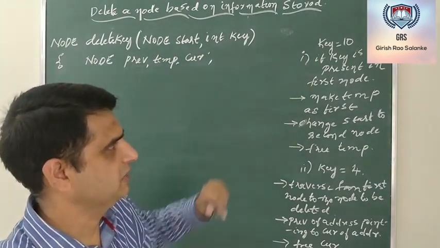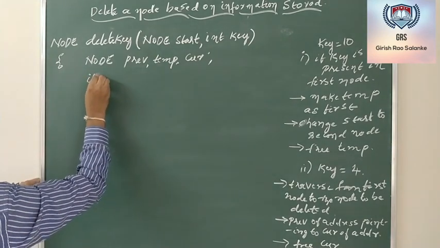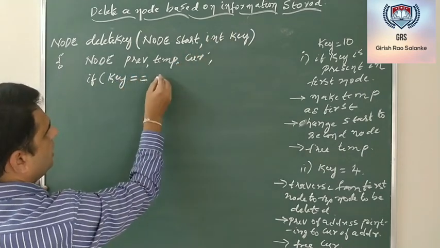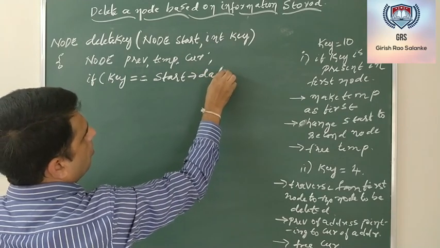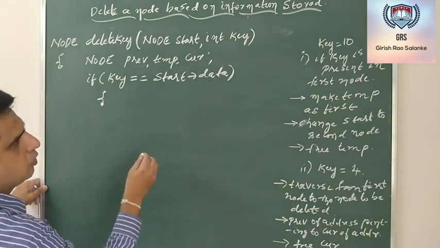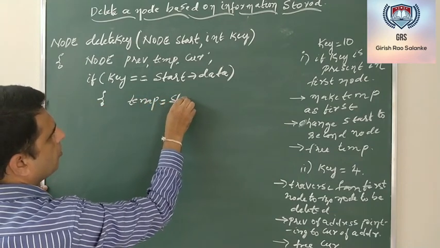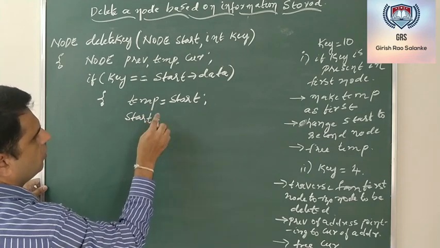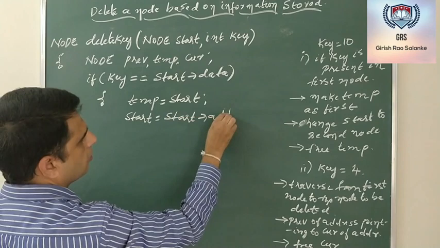Let me write the first case, wherein the key is there in the first node itself. So, if the provided information key is there in start of data, what we are supposed to do: make the first node temp, change the reference of start from the first node to the second node, start is equal to start of address.